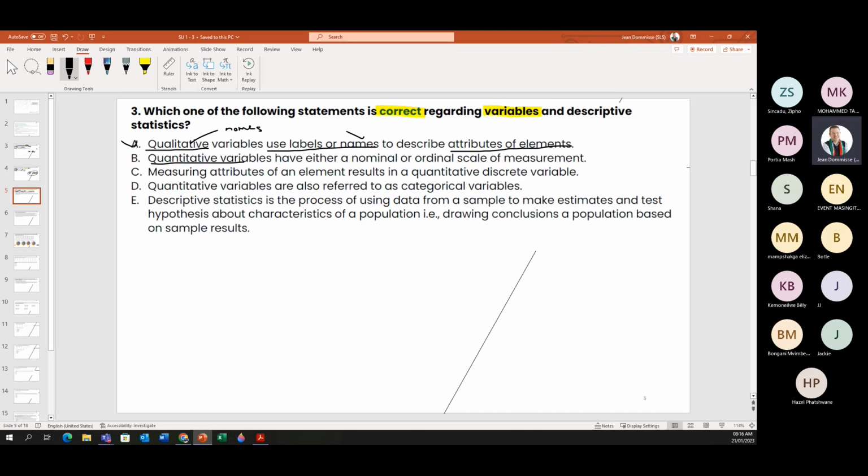So the important thing around some of these is also what type of measurement is within it. You will see the answers are also nearly scrambled into what different things were done in study unit one. So qualitative is around names, so variables use labels or names to describe. It is correct, so that would have been the correct answer we were looking for.